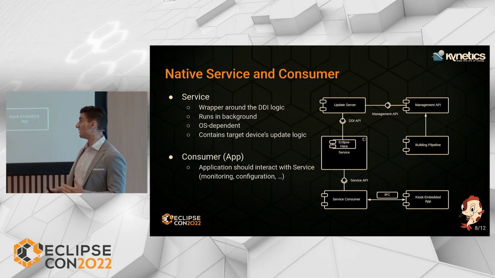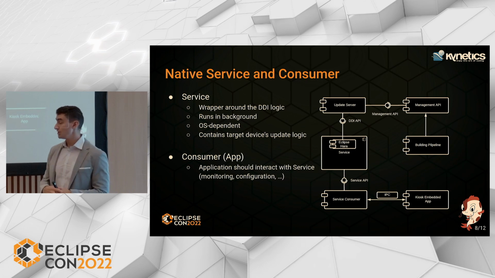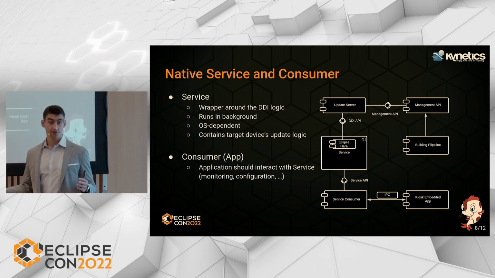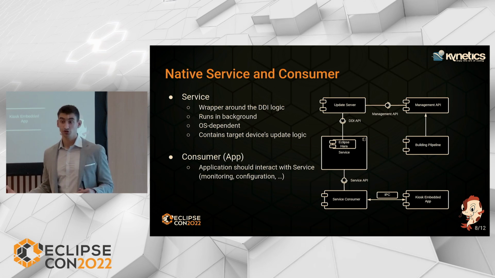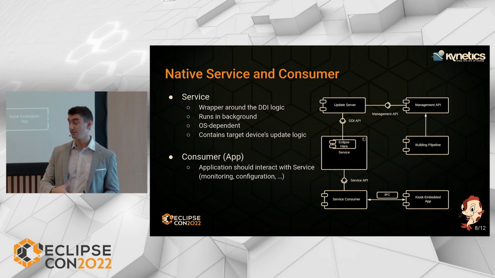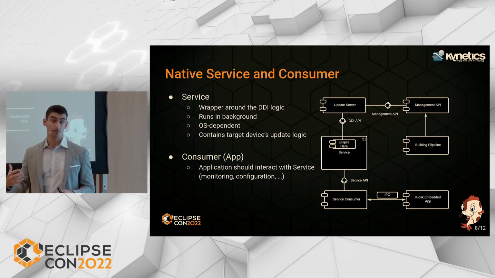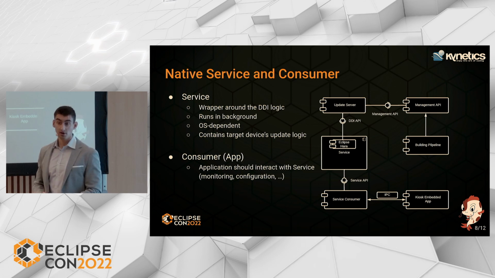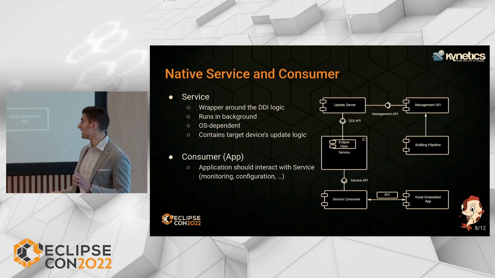Now, this is done through a set of service API and a service consumer, which allow other third-party applications in the system to both configure the update process and also to query the service, for example, for monitoring purposes, to export the logs, to know what's going on, and so on.